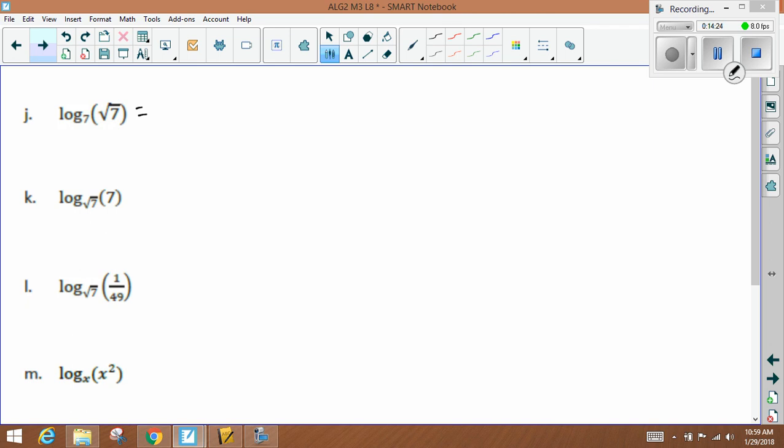7 to what power is the square root of 7? 1/2, right? Because the square root of 7 is 7 to the 1/2 power, right? Okay, then the square root of 7 to what power is 7?